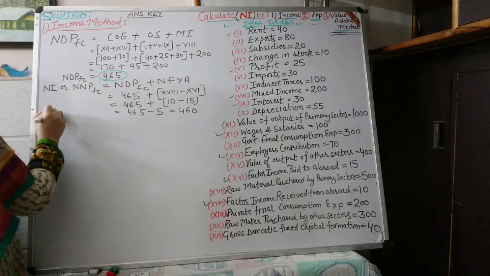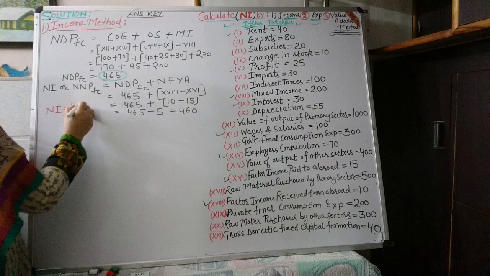So the value of national income by income method is 460.